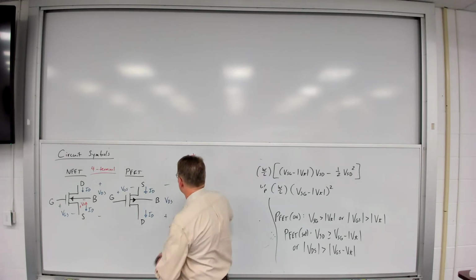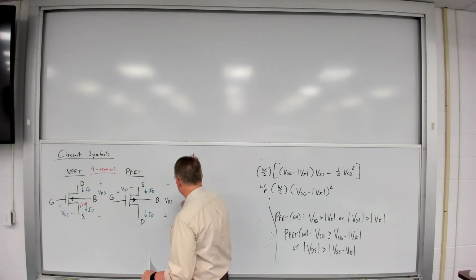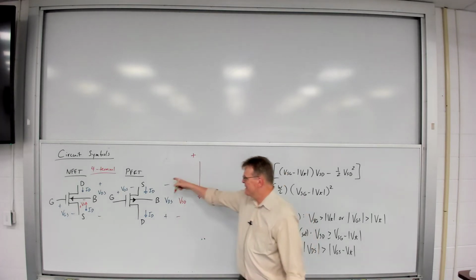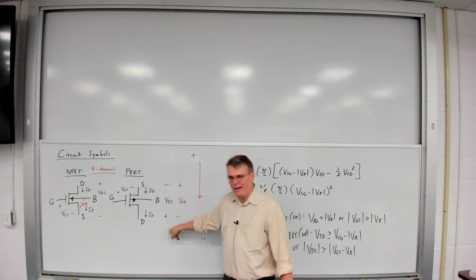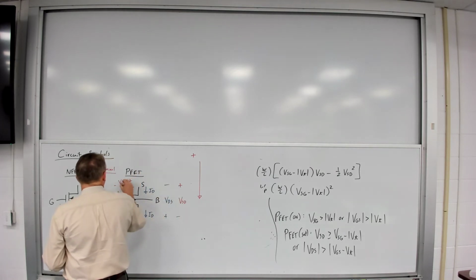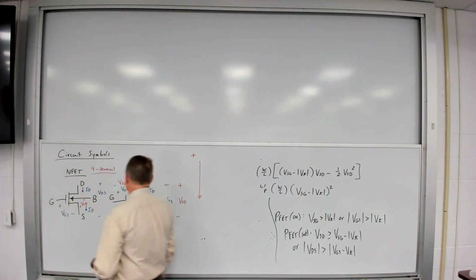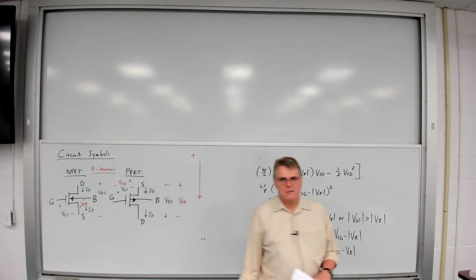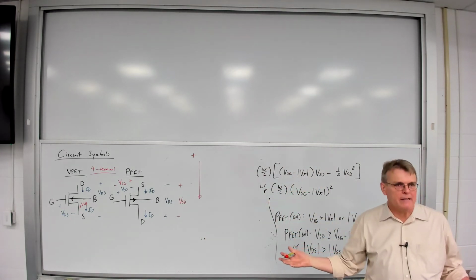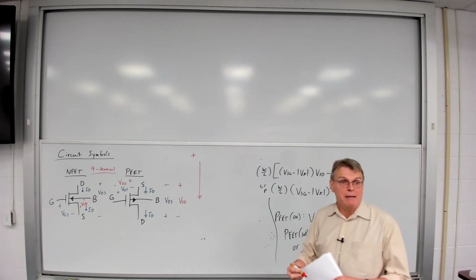Our textbook prefers to flip the polarity around and define VSD, because the source is more positive than the drain. The source is more positive than the gate. So VSG. So as I said, the book does this, but once again, you can do it either way. You can define it either way. You'll still get the right answer, the same answer if you do it correctly.